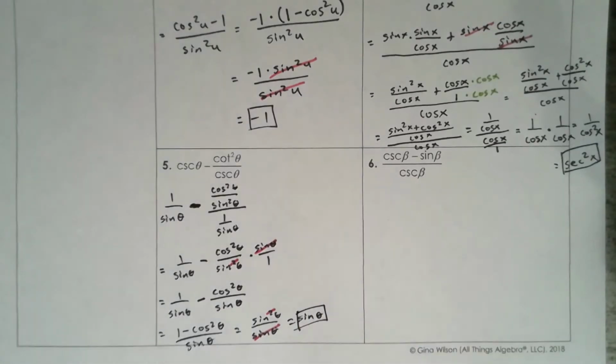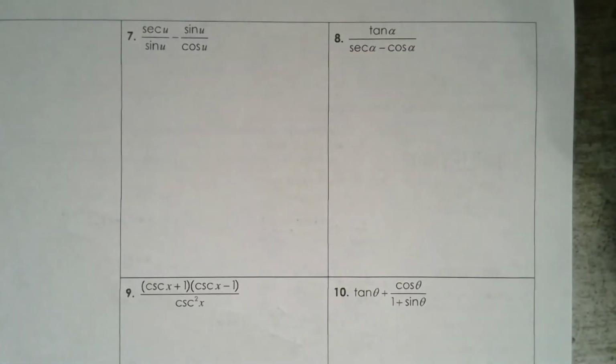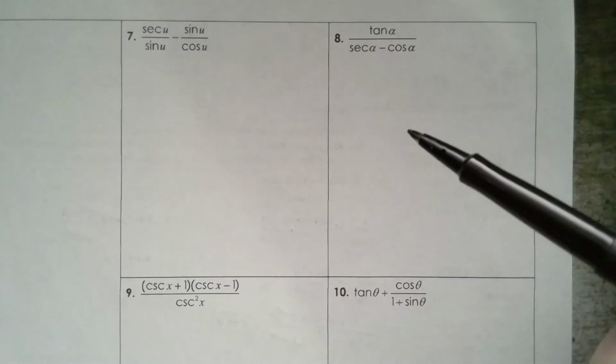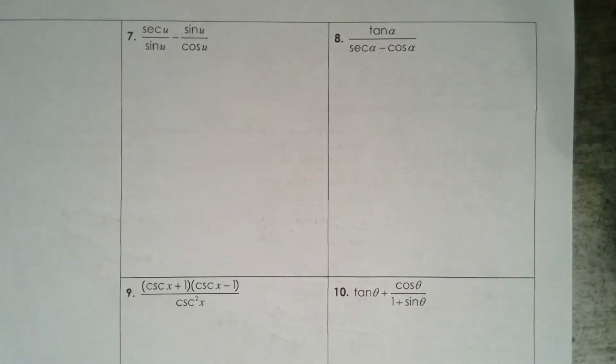Okay, skip 6, turn the page. Excuse me. So yeah, let's do 7. 7 says secant u over sine u minus sine u over cosine u. So I can combine these.